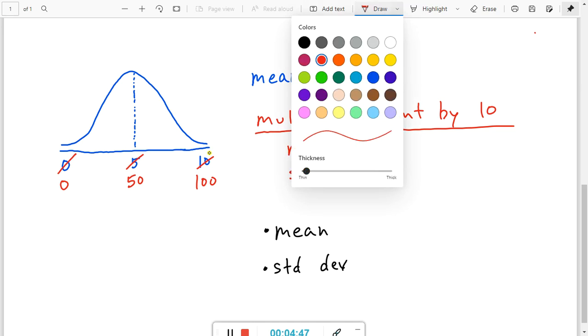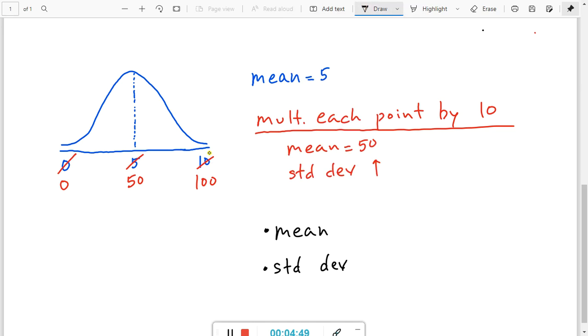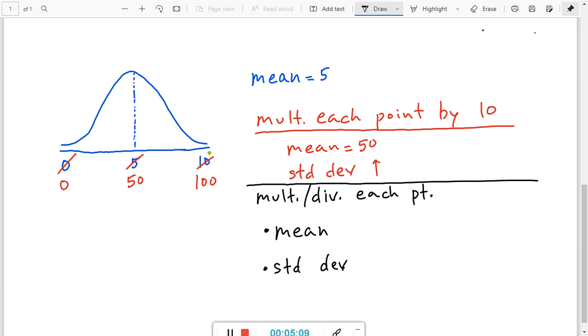All right? So we can make a rule for multiplication and division now. If you multiply or divide each point, the mean changes and the standard deviation changes.